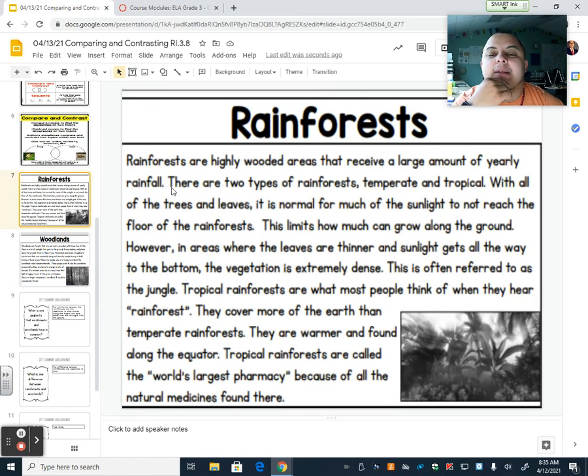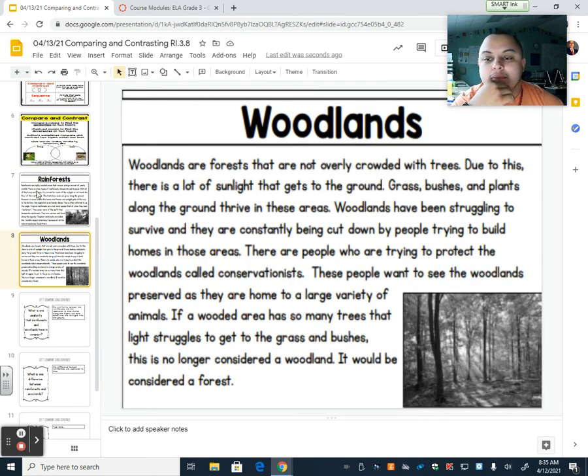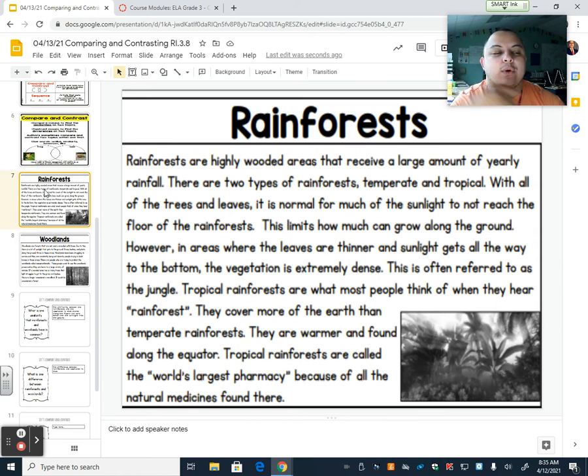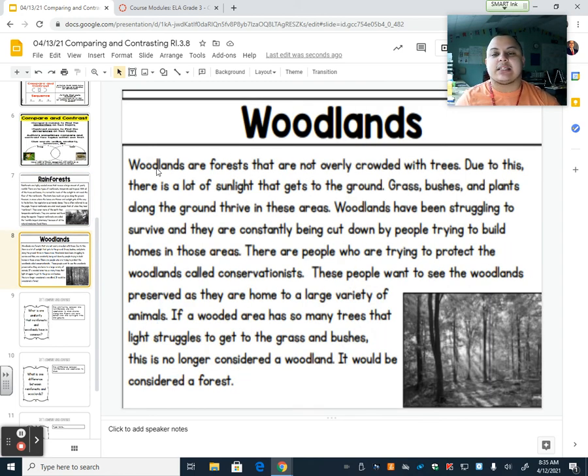Let's continue reading. There are two types of rainforest: temperate and tropical. With all of the trees and leaves, it is normal for much of the sunlight to not reach the floor of the rainforest. Well, that tells me that rainforests have a ton of trees and that it's crowded with trees. But if we look at woodlands, it says woodlands are forests that are not overly crowded with trees.